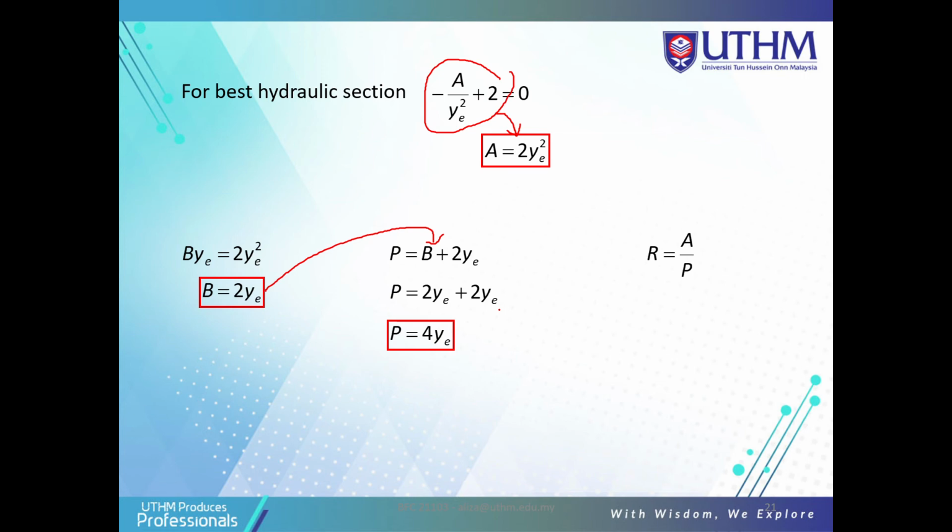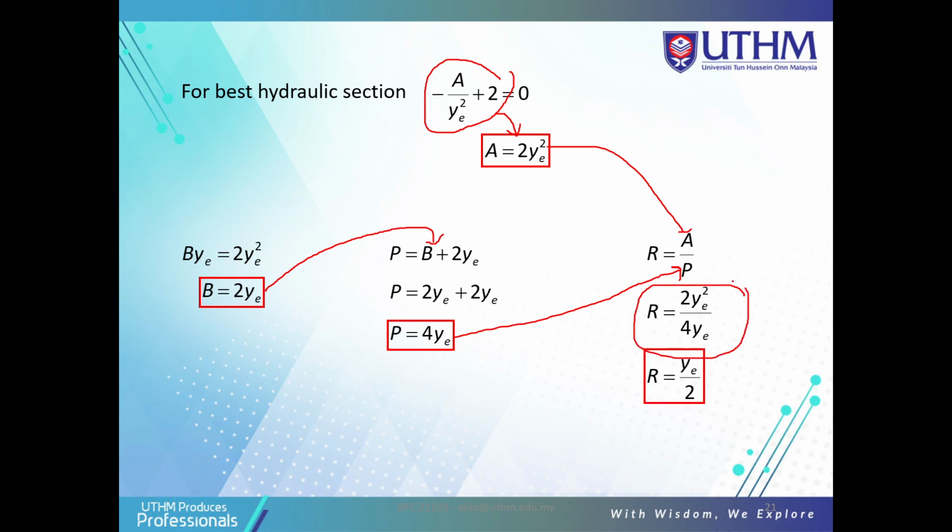So we get R equals A over P. So A is 2 Y E squared; you put A here and put P back here, so you get R. So this is the most hydraulic section for rectangular. That's all. This is how we know the section is the best hydraulic section for rectangular.